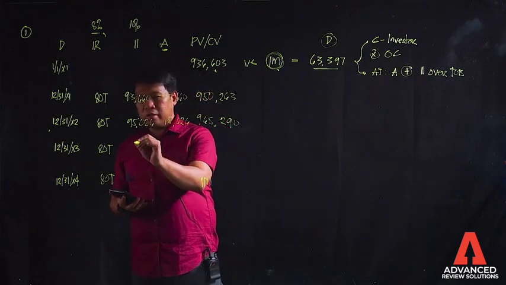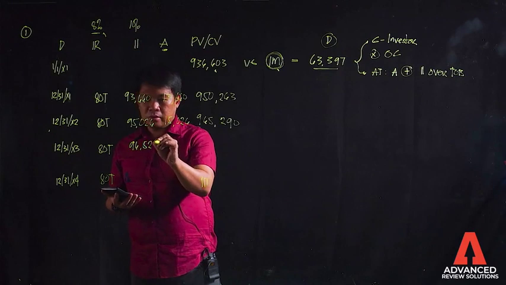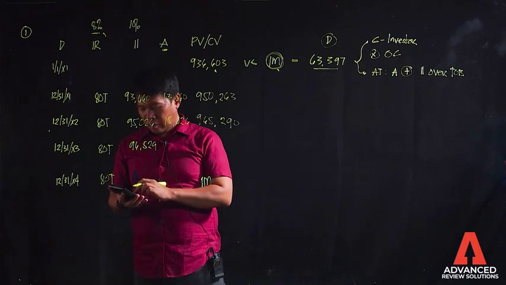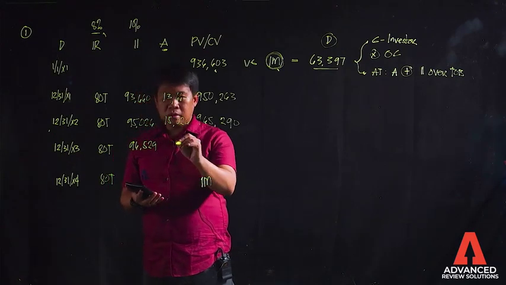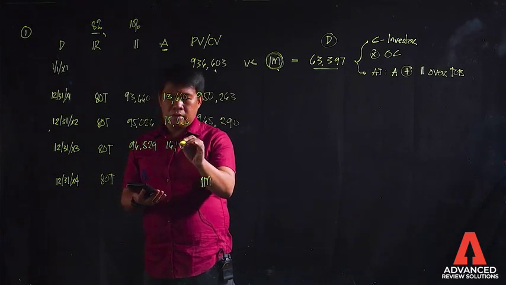So this is 96,529 minus 80,000 equals 16,529.